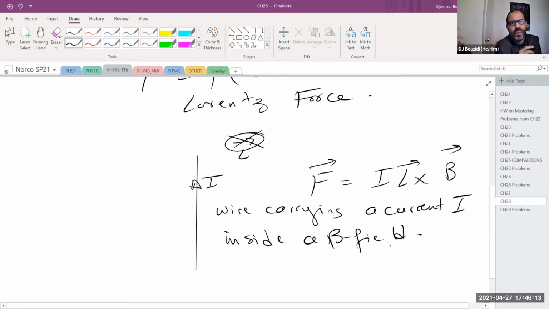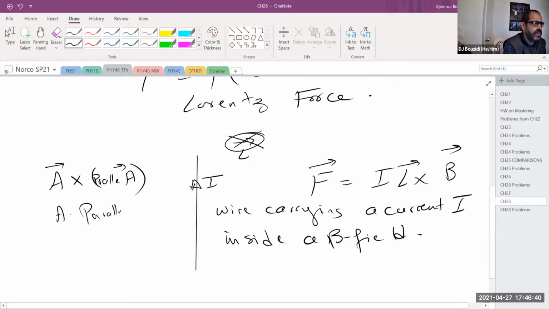Okay, so if you have a wire, then it's going to bend one way or the other depending on how this cross product will result. Obviously, if L and B are parallel, this thing will not bend one way or the other. Because if two vectors are parallel, the cross product between A and another vector that is parallel to it, no matter how long it is, is going to be the length of the first times the length of the parallel vector times the sine of the angle between them.